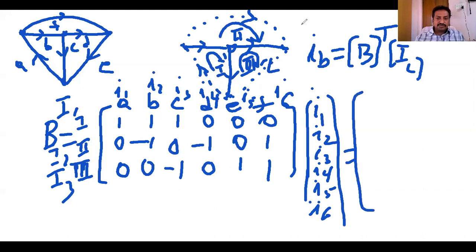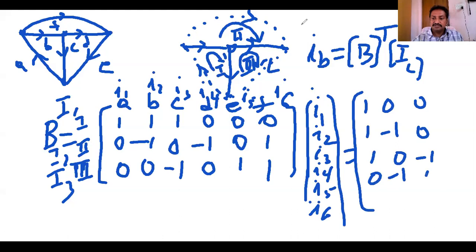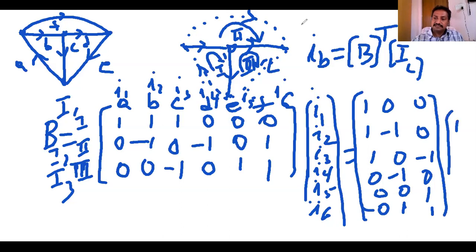So what is the transpose? 1, 0, 0. Then 1, -1, 0. Then 1, 0, -1. Then 0, -1, 0. Then 0, 0, 1. Then 0, 1, 1. Into capital I1, capital I2, and capital I3.